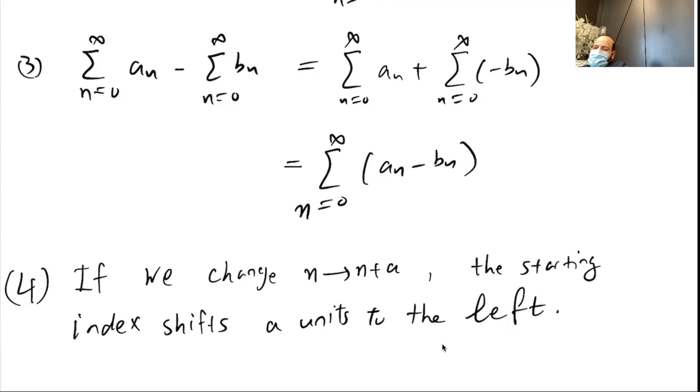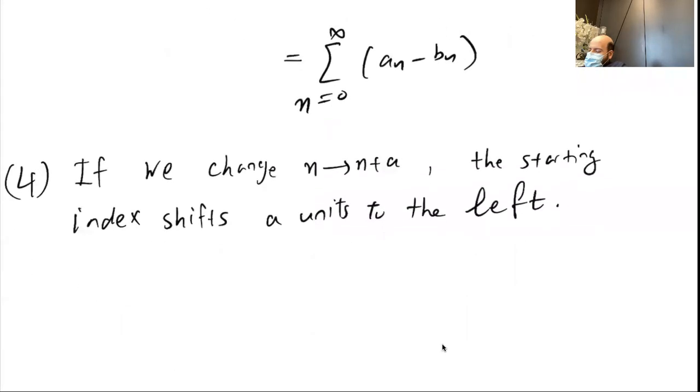This is similar to graph transformations. In graph transformation, if you change x to x plus a, like if you look at f of x plus a, the graph of this one has a units shift to the left. Similarly, if you change n to n plus a, the starting index shifts a units to the left.